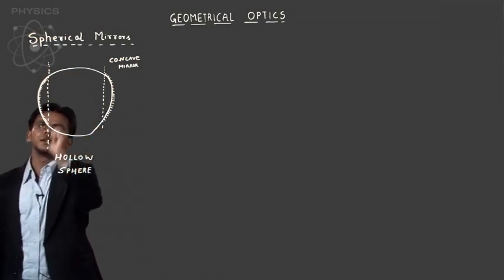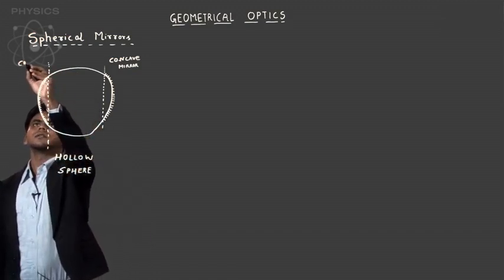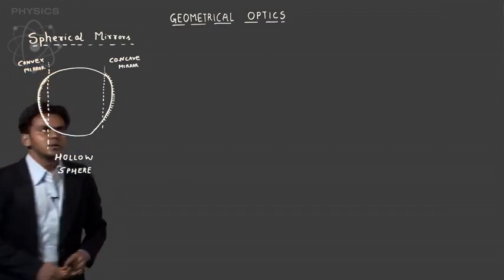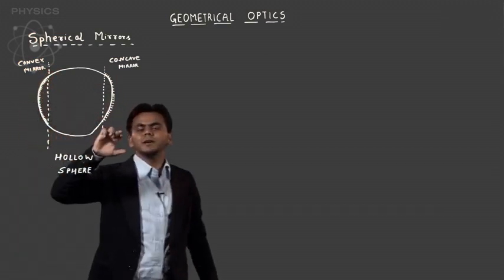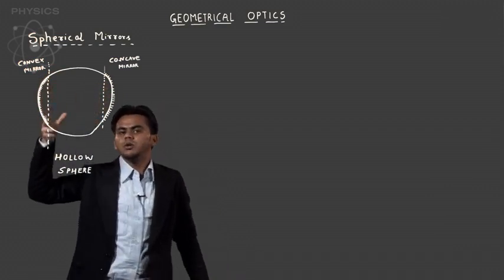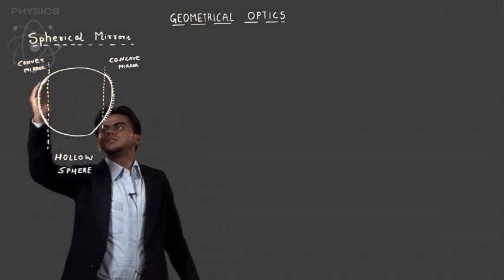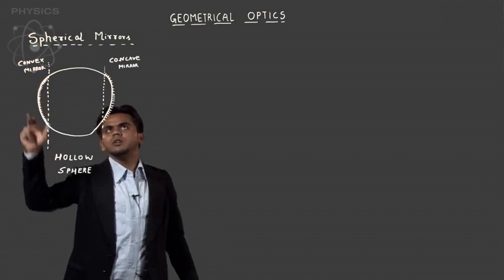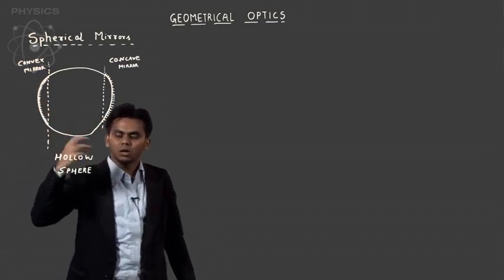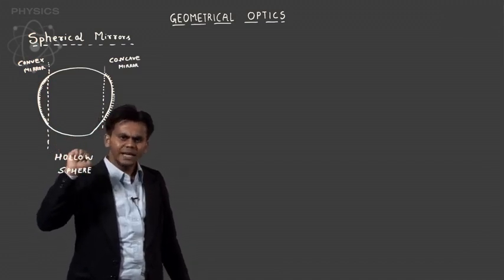So this kind of a mirror is your convex mirror. So this is your concave mirror in which this side is your reflecting side, and this is your convex mirror in which this bulging outside is your reflecting side. And both of them can be made or cut out of a hollow sphere, right?